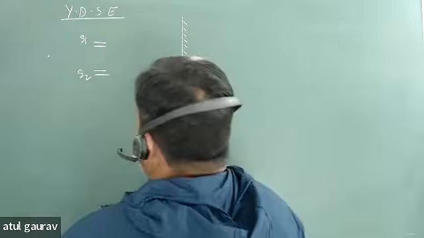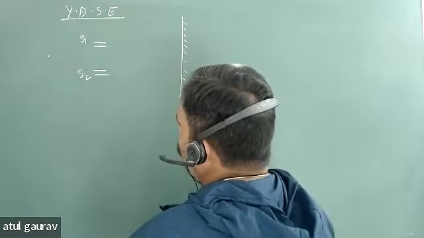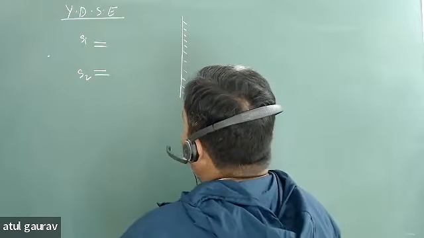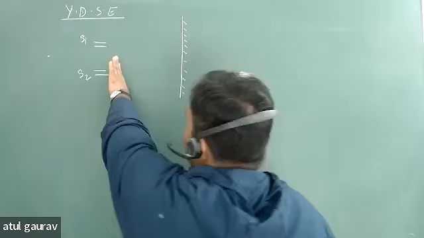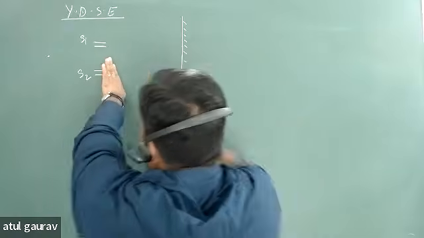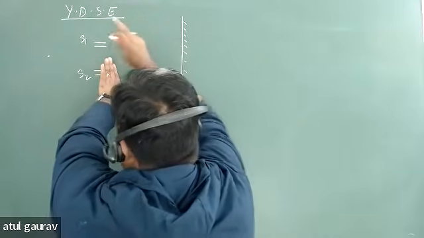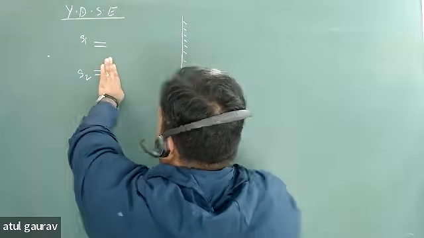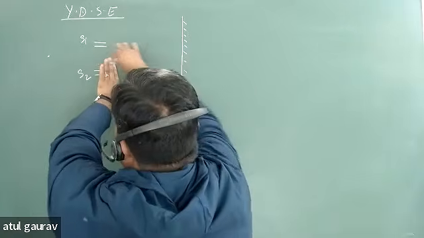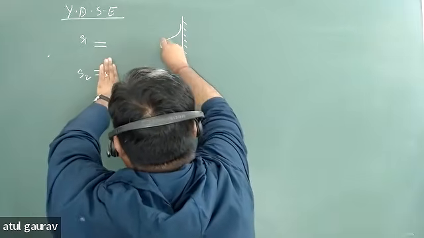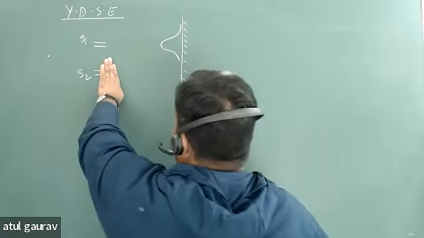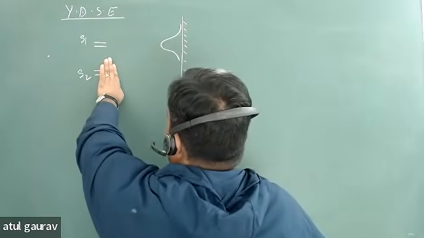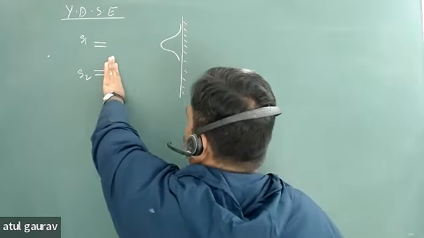What we are going to do is cover slit S2 and allow the light to pass from slit S1. क्या होगा ये बताओ? Whatever light comes from S1, you will have some pattern something like this. ऐसा ही मिलेगा ना?